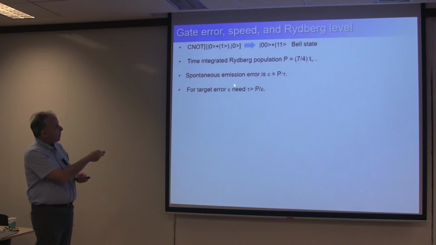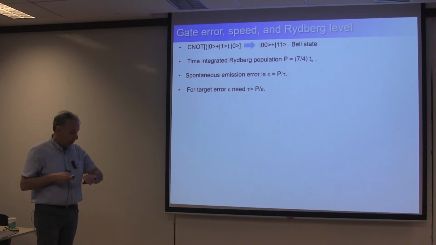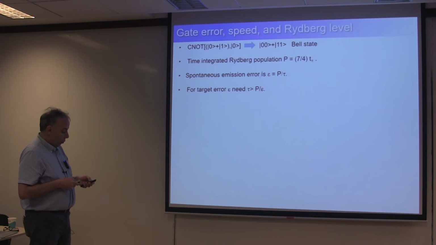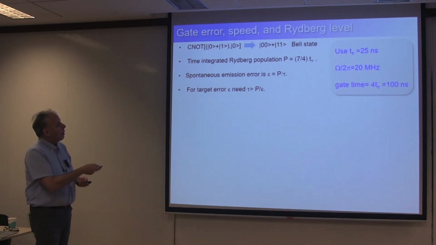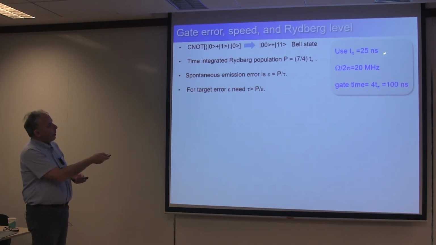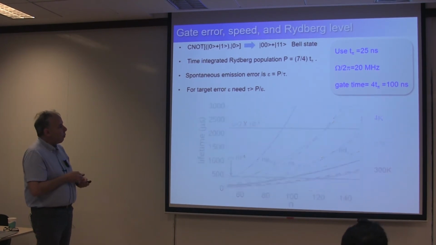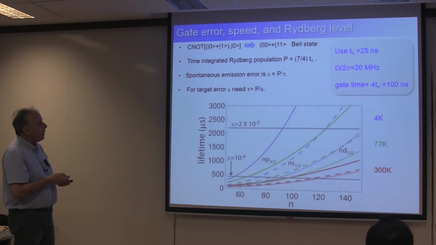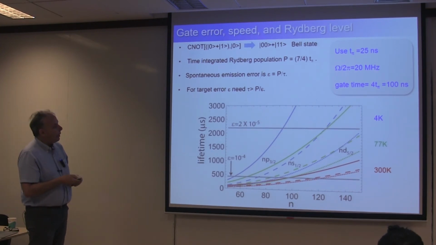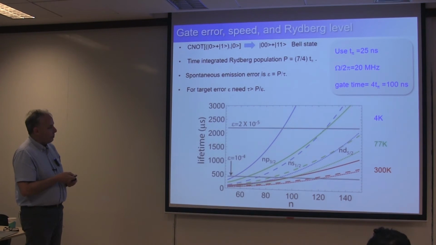So if my target is a gate error of epsilon, I need the Rydberg lifetime to be greater than that integrated population divided by epsilon. And so just to put some numbers in, suppose I want to have a pi time of 25 nanoseconds. That gives me a gate time of 100 nanoseconds, comparable to, say, superconducting qubits. And to do that, I need a Rabi frequency of 20 megahertz. And so one can look at what Rydberg states one needs to get to certain gate errors limited by the spontaneous emission error.